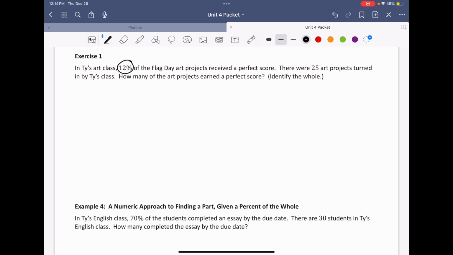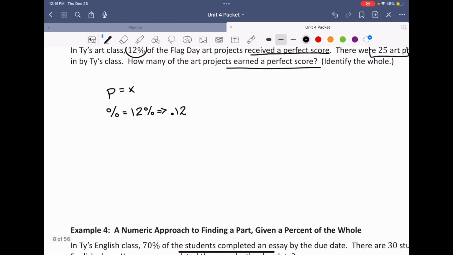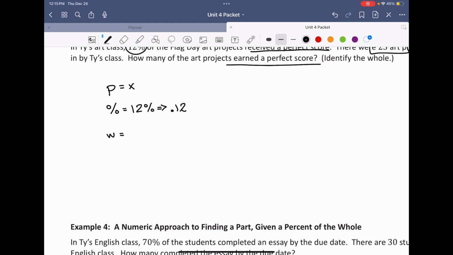So you should have 12%. You're finding out how many got a perfect score. There are 25 total art projects. So part equals x, percent equals 12%, which we have to change to a decimal, so 0.12. And the whole is the total amount of people in the class, 25.